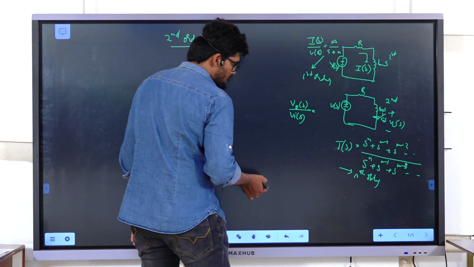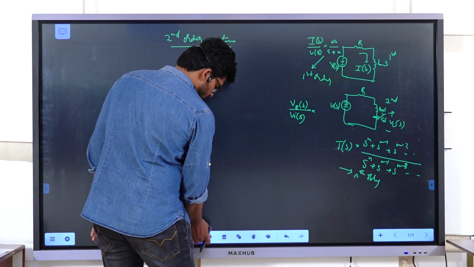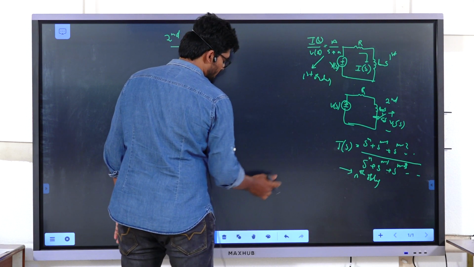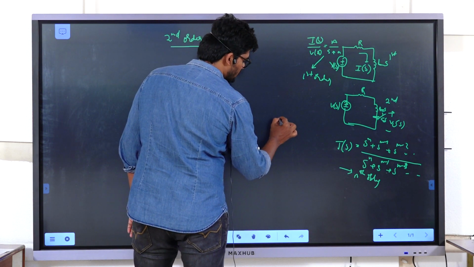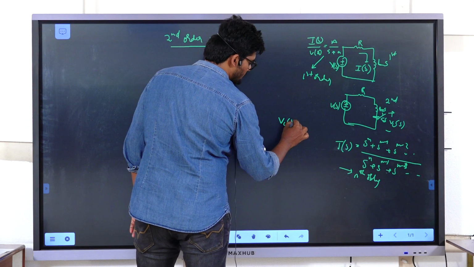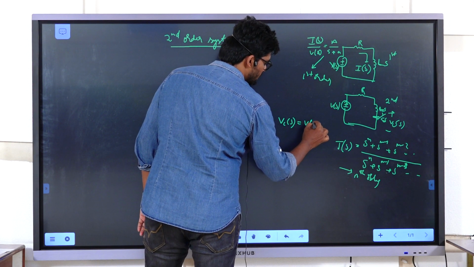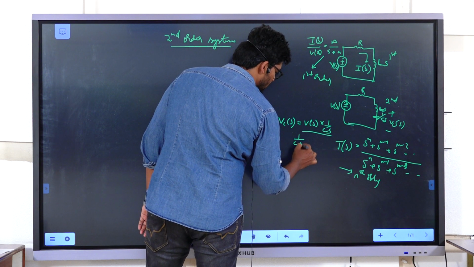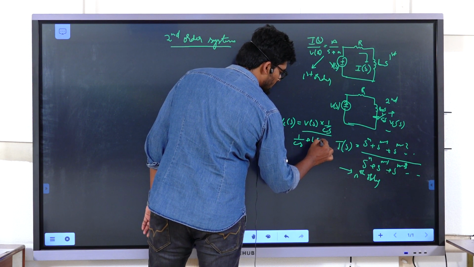So the response I'll get by the voltage division rule is Vc of S equal to V of S into 1 by Cs by 1 by Cs plus Ls plus R.